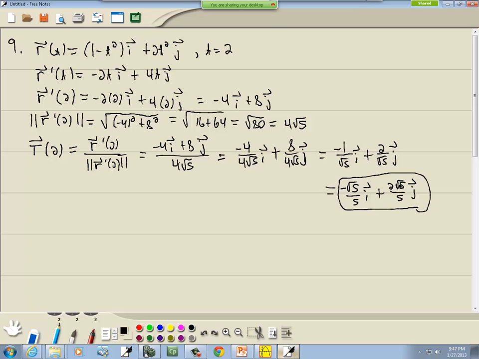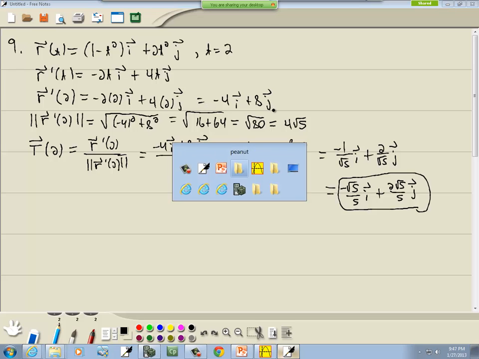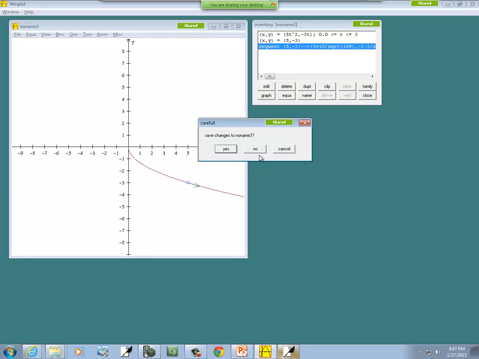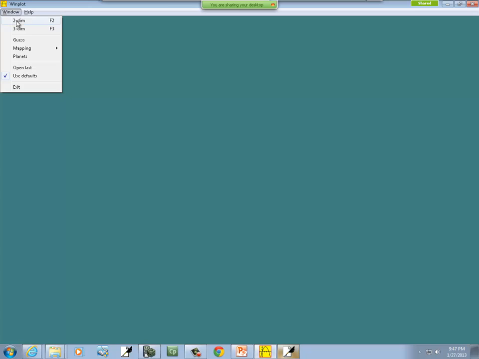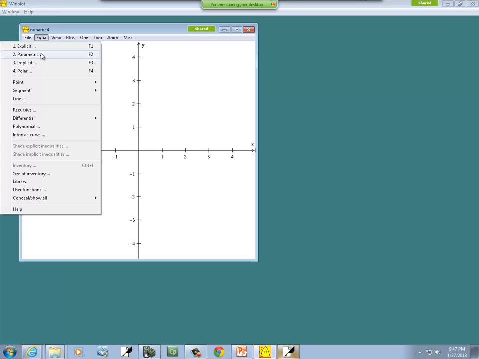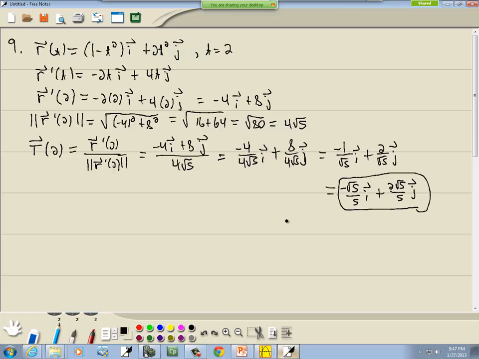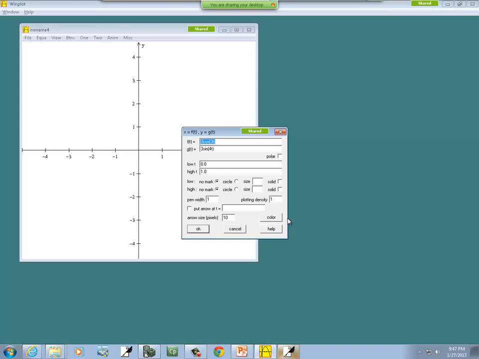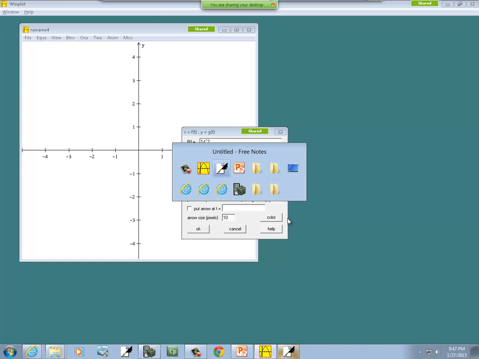Okay, our normal vector is going to be these flip-flopped. We just have to make sure our signs are right. That's the only trick to that. So let's take a look at this graph. I do window, 2 dimensions, choose equation, parametric. For f of t, we'll put in 1 minus t squared, and then this next one I think is 2t squared.